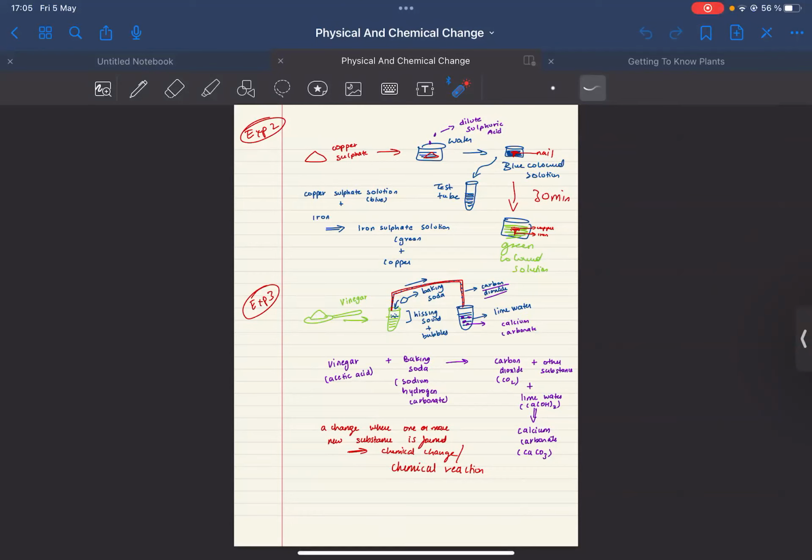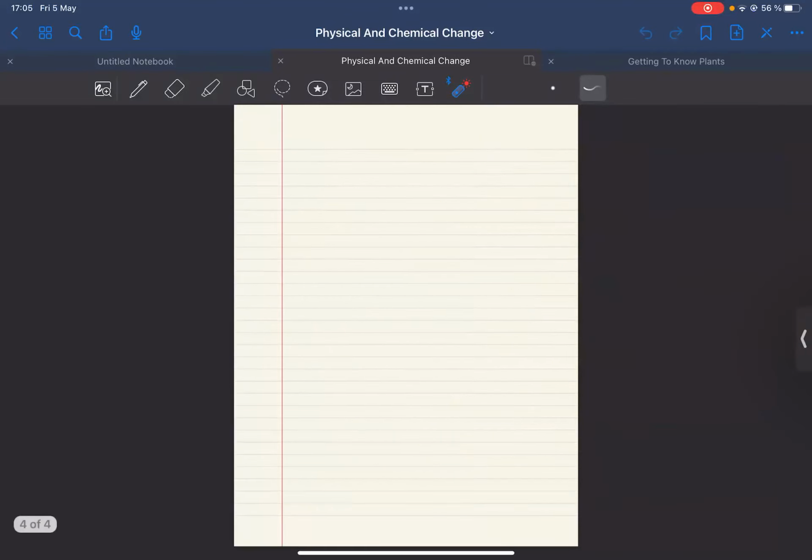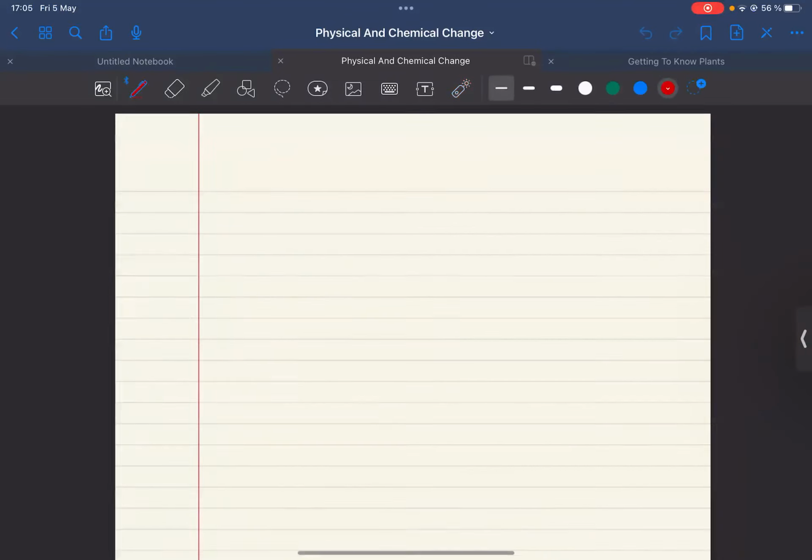Yes, ma'am. Okay. So we have seen that one or more new substances are produced in a chemical change. In addition to the new products, there are also other properties of a chemical reaction.